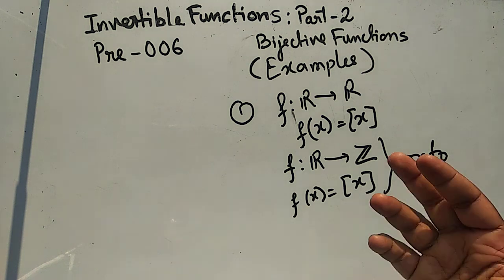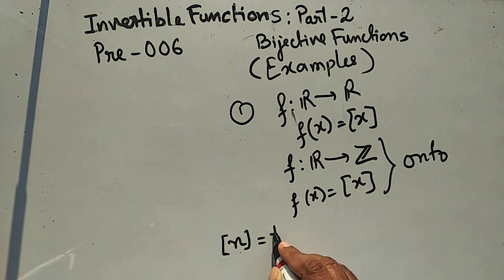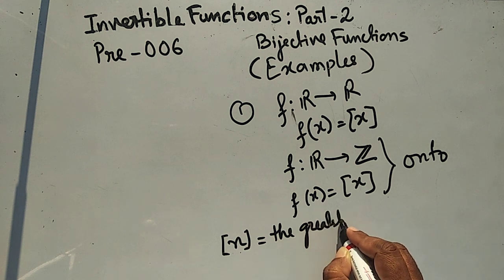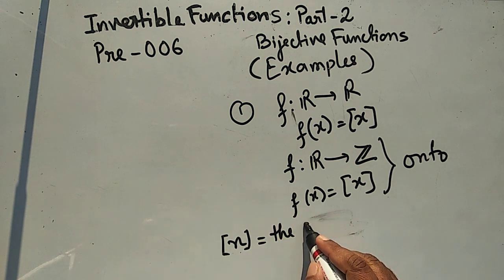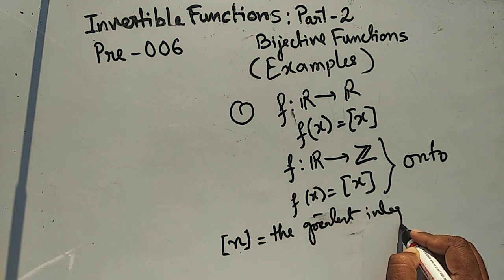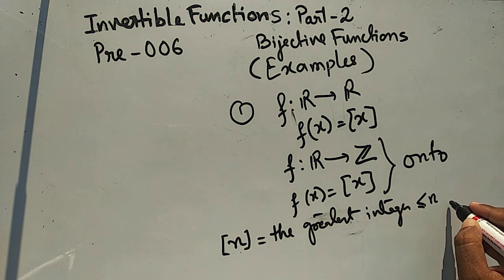Now how to make that function one-one? It is to be noted that if I put an integer in the greatest integer function, then the greatest integer less than or equal to n is nothing but n.